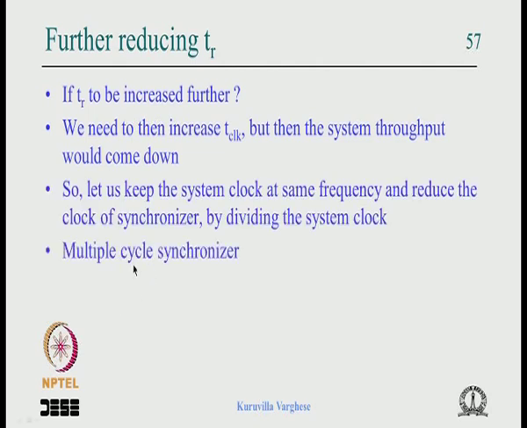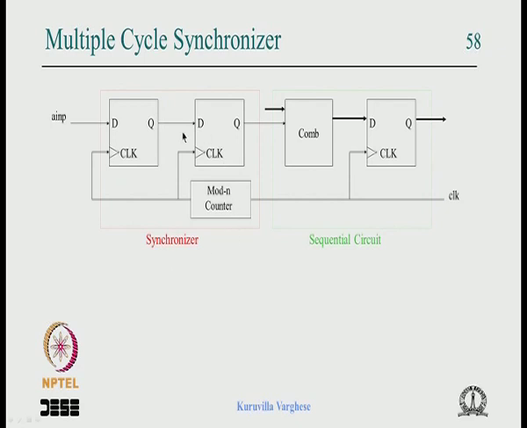Earlier, with the double stage, it takes 2 clock cycles to synchronize. Here it is multiple clock cycles to synchronize. So that is the game in a multiple cycle synchronizer, wherein the clock of the system, could be a sequential circuit or a data path, is divided by a counter.